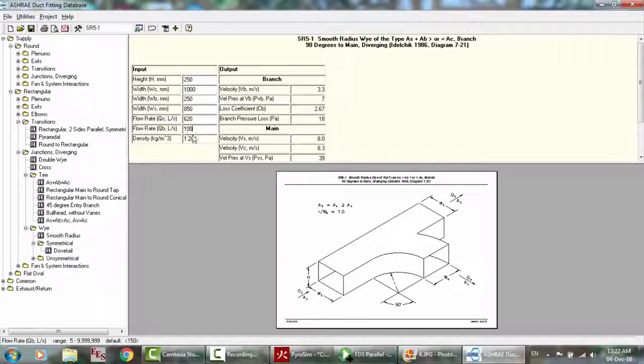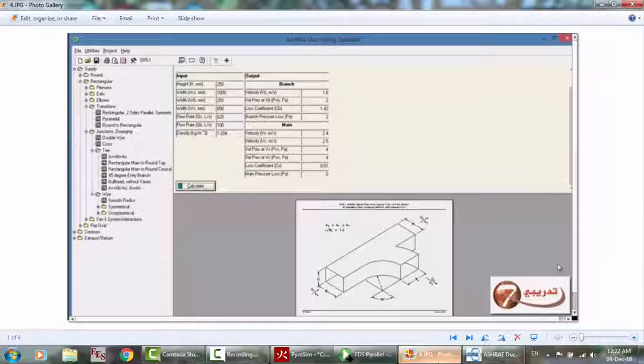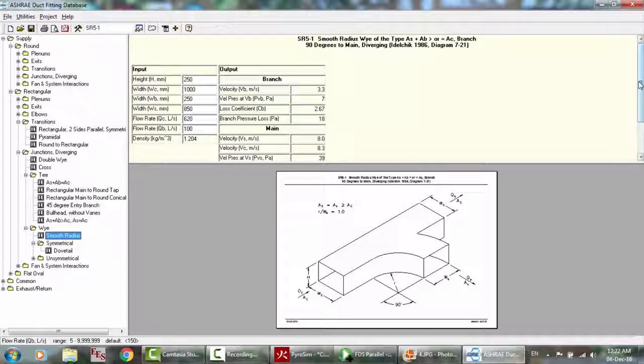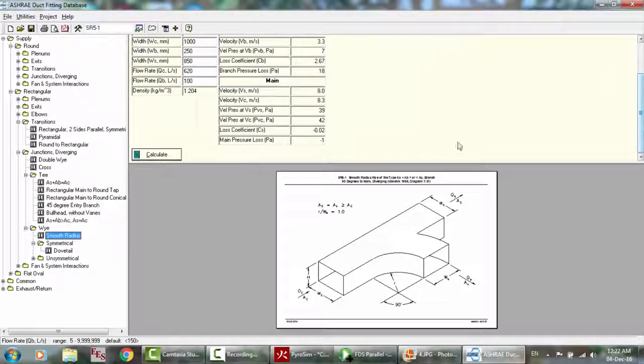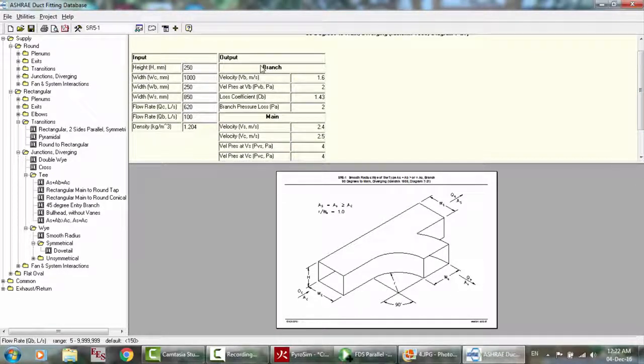Okay, after finishing this, please click calculate, and here the pressure drop in the branch is 2 pascals. This is the branch pressure loss. This is the important number here.